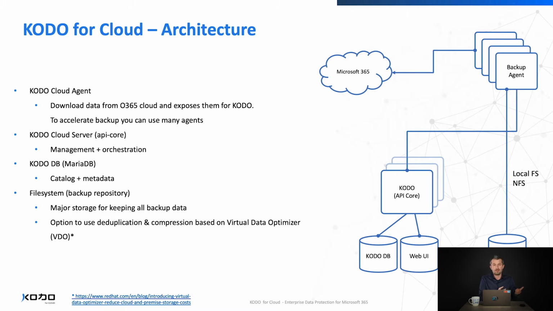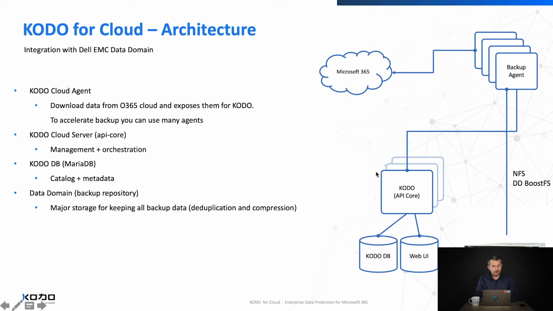The first one is the catalog metadata. So we're using MariaDB for storing all of the metadata. And as I said before, HTML5, AngularJS via RESTful API management. So quite easy to manage, orchestrate.